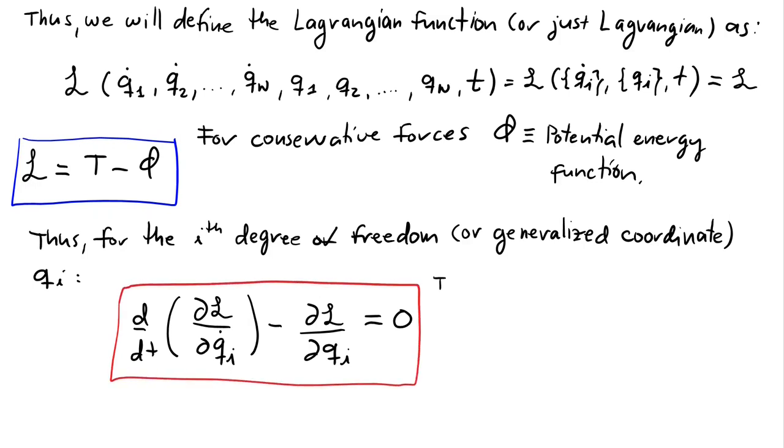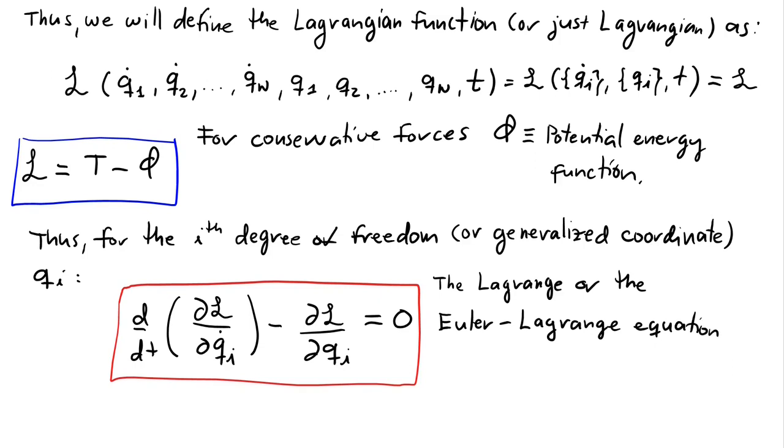These are called the Euler-Lagrange equations of the system, or just Lagrange's equations. Notice that this equation is similar to that of the calculus of variations, but replacing x by t.